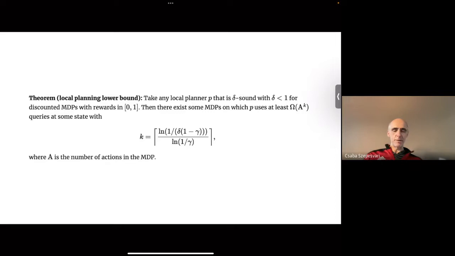In particular, you can have this tree where you have exponentially many leaf nodes, and just one of the leaf nodes is rewarding, and there's a self loop there. If an algorithm wouldn't look at all the leaf nodes, then it could miss this rewarding leaf node, and it would suffer. All the other rewards are 0. So it has to find this needle in a haystack, which means that it has to look everywhere.